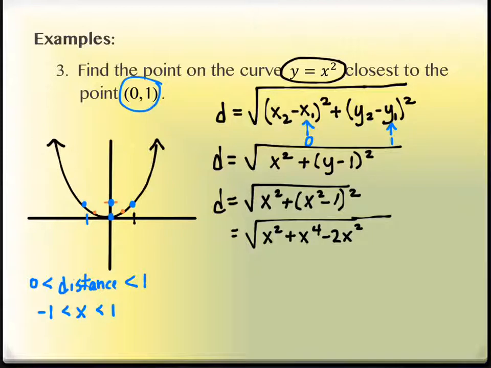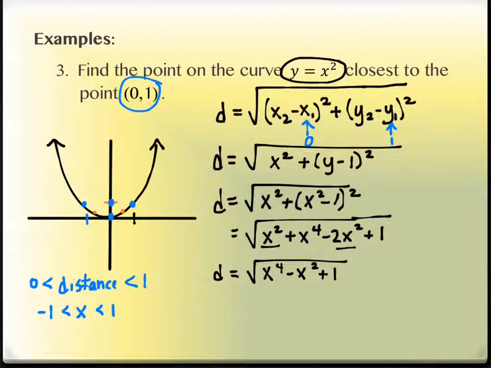And minus 1. Okay, so we foil that out. Oh, plus 1, I'm sorry. Yes, you're right. Thank you. Plus 1. And then I can combine the x squared terms. So this actually ends up being the square root of x to the 4th minus x squared plus 1. And that's all the algebra for the moment.